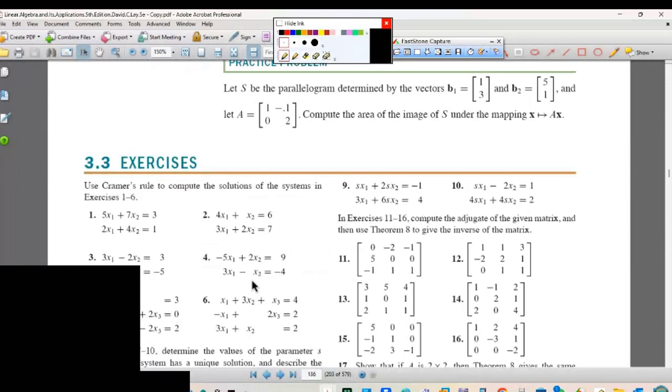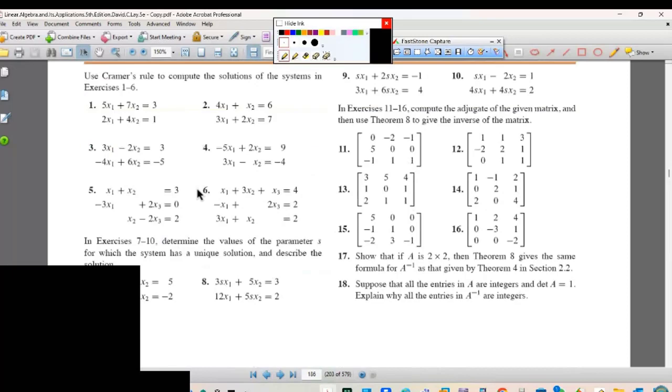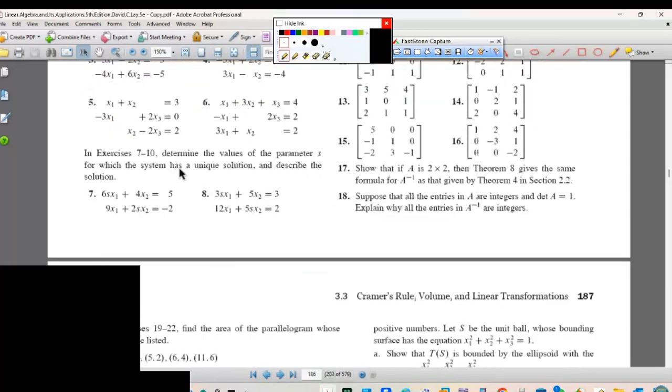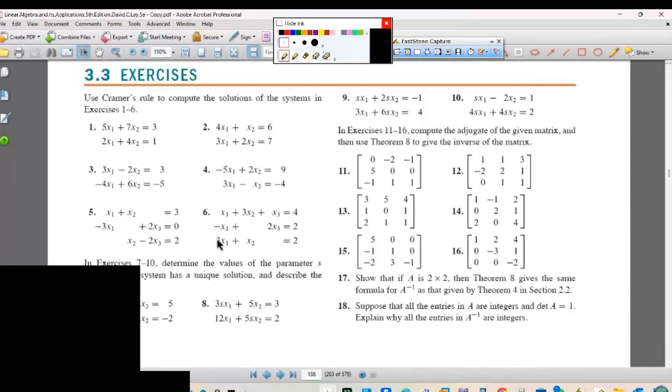Use Cramer's rule to compute the solution of the system in exercises 1, 2, 3, 4, 5, 6. Easy now. Exercise 7: determine the value of the parameter S for which each system has a unique solution. Also, this is important. I need the value of S. Unique solution means there is one answer. Also, this is important. Try to solve by hand.